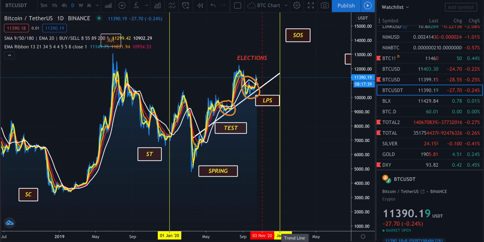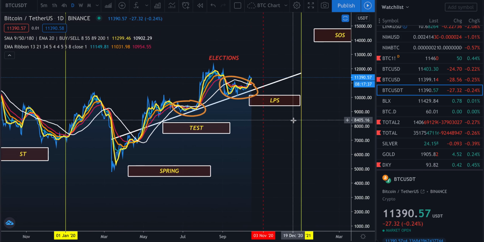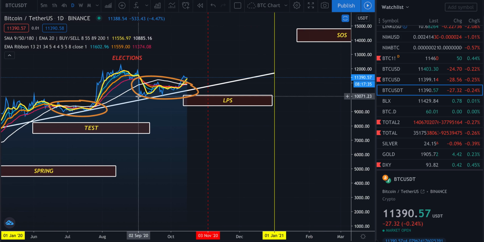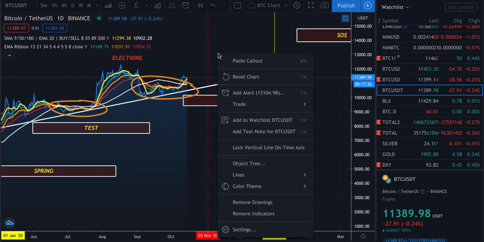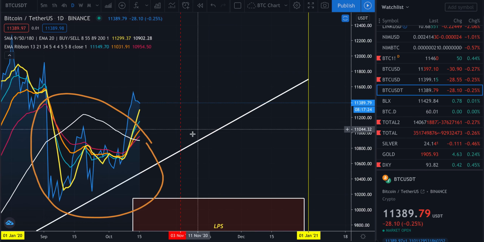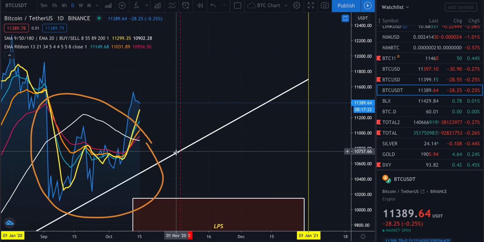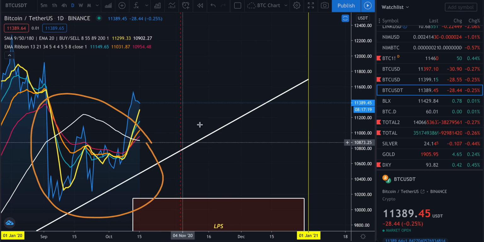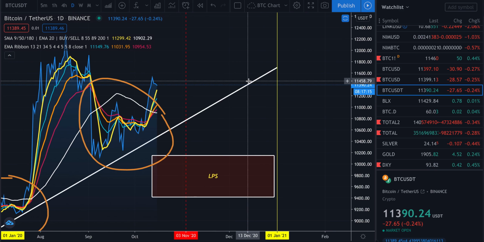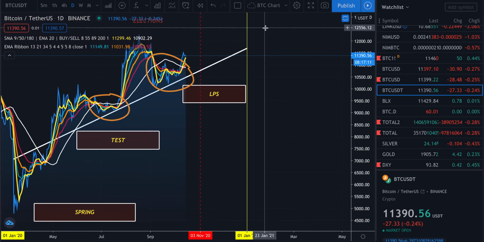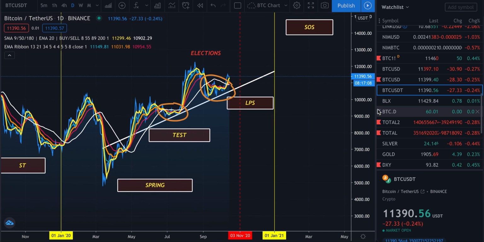And typically what will happen is we will do this thing called crossing the creek, which will be we will continue sideways until we touch back at this regression line naturally, this white line, which could happen before the elections, or we can just run into it naturally, having a really slow, arduous sideways movement. And then I believe we will pump up and have our SOS before the new year.